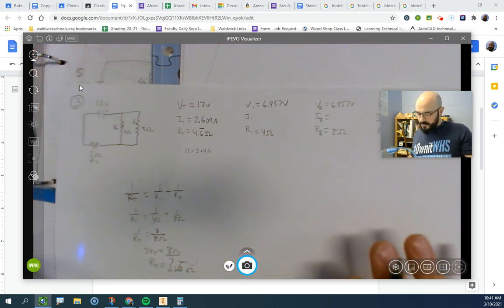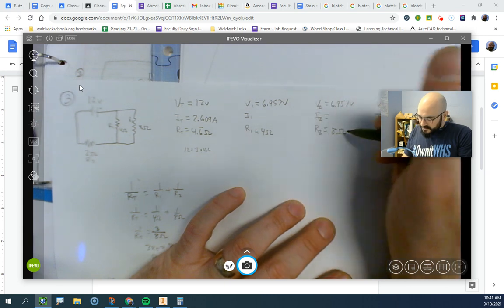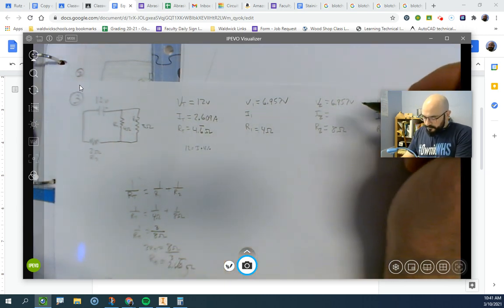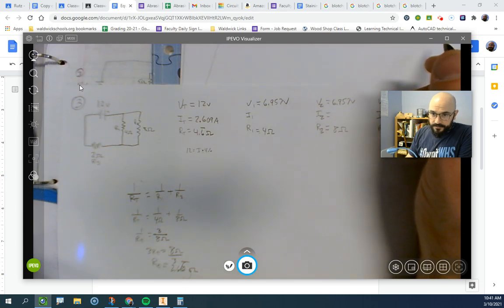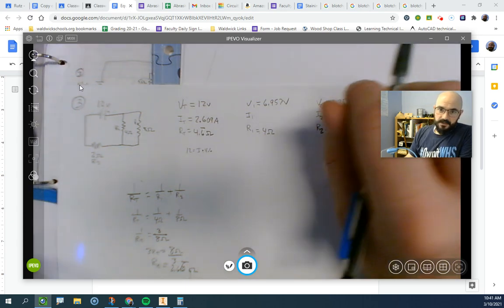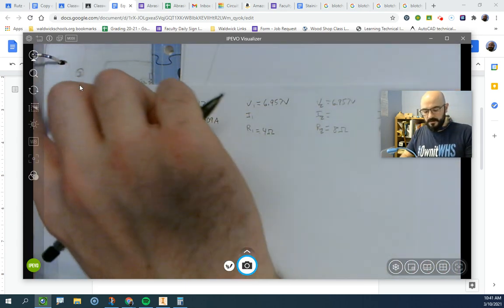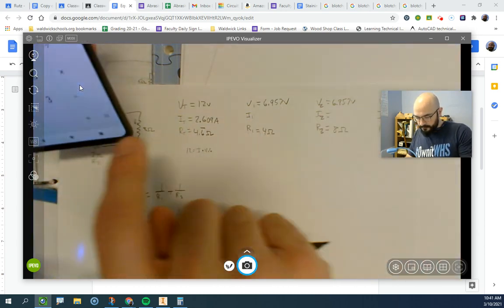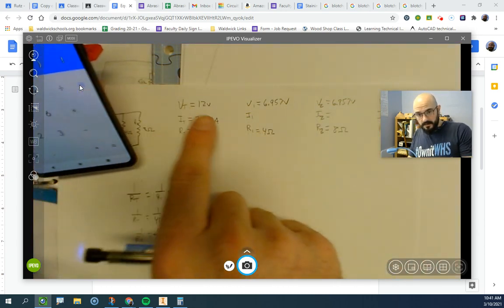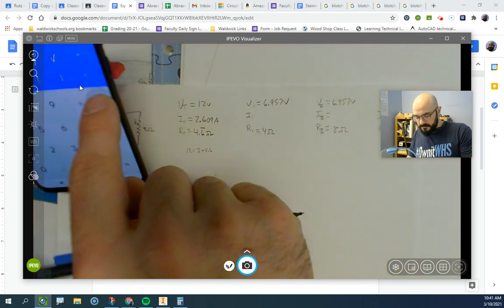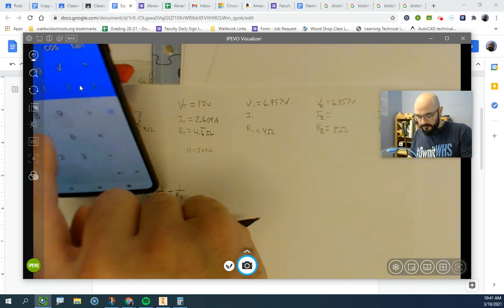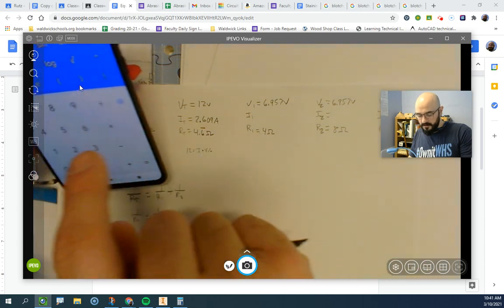We're well on our way. So we've got resistances, and now it's V equals IR. So plug and chug. For V1, we get 6.957 divided by 4.